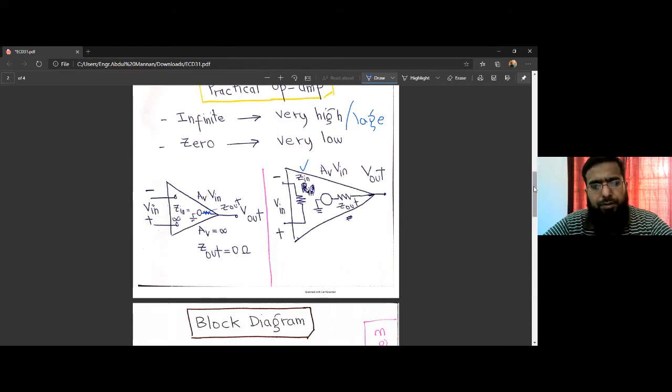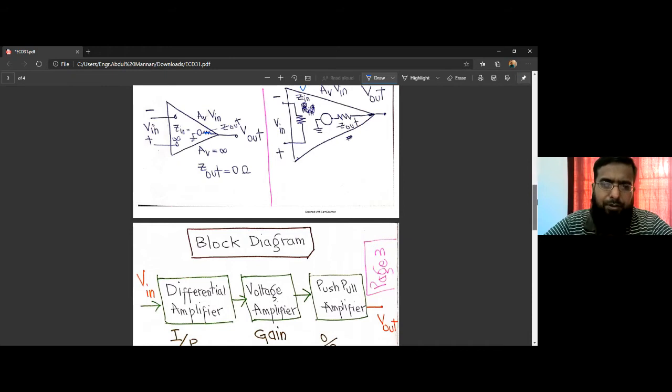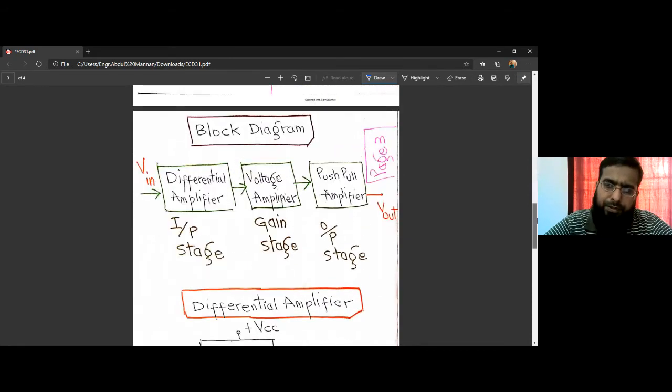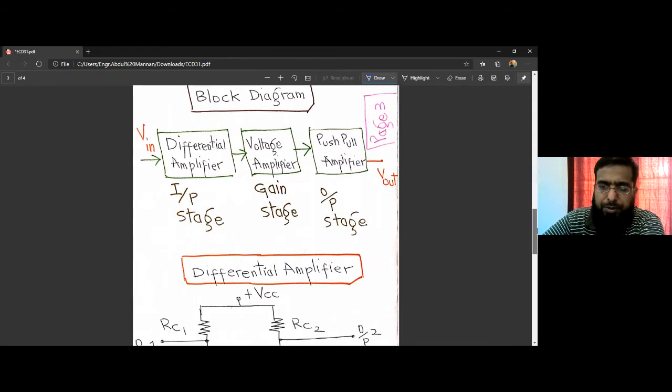Right. So the block diagram of an operational amplifier is this. We have one differential amplifier stage, that is the input stage. The next stage is the voltage amplifier, where we achieve a fairly large voltage gain, and the output is a current amplifier based on the push-pull combination that we studied previously in this course.